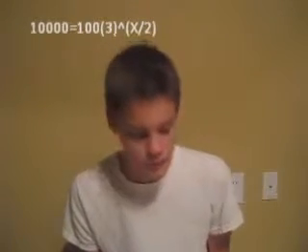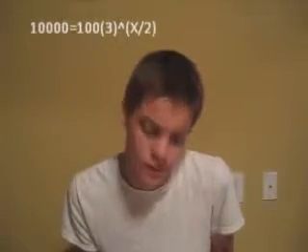So for this one, you're going to have to use some logs because you're using some weird exponents. Start off though, because you see this is the equation, you're going to want to divide the 10,000 by 100 to simplify it as much as you can. So 10,000 divided by 100 is 100.